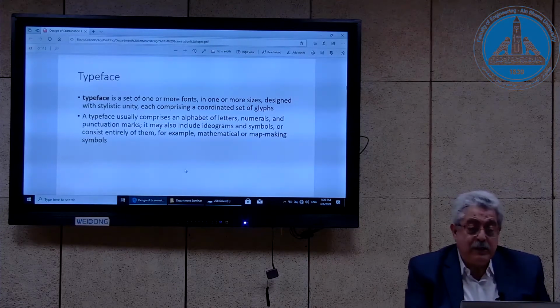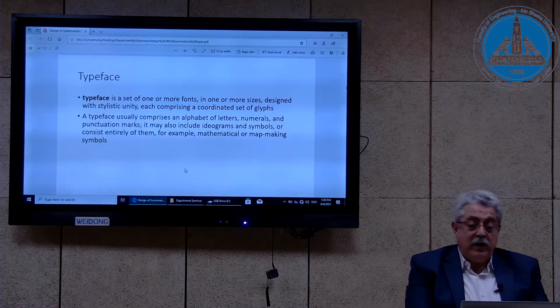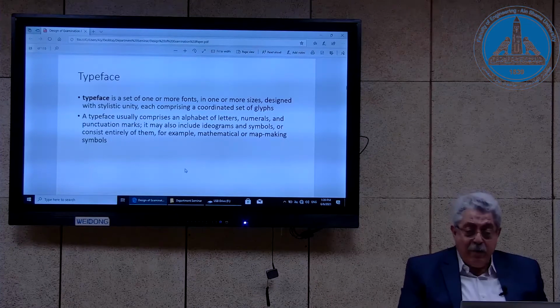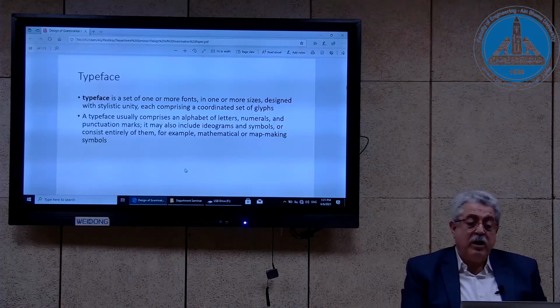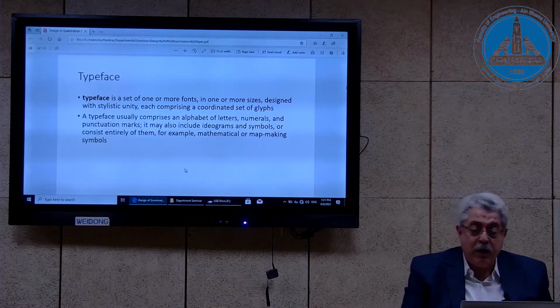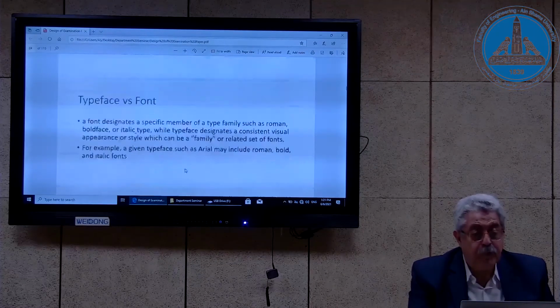The typeface is a set of one or more fonts in one or more sizes designed with stylistic unity, each comprising a coordinated set of glyphs. A typeface usually comprises an alphabet of letters, numerals, and punctuation marks. It may also include ideograms and symbols or consist entirely of them, for example, mathematical or map making symbols.